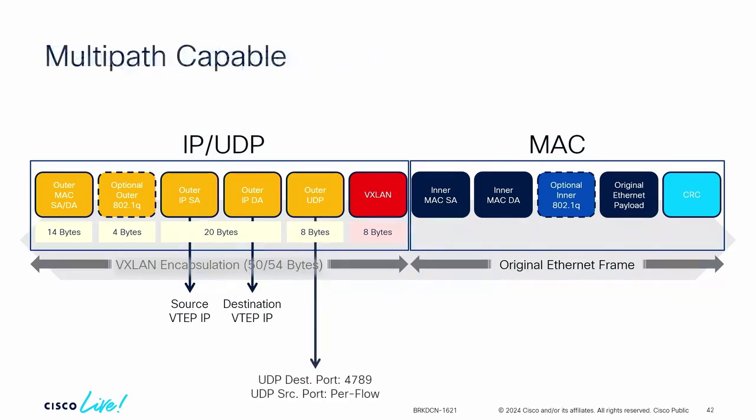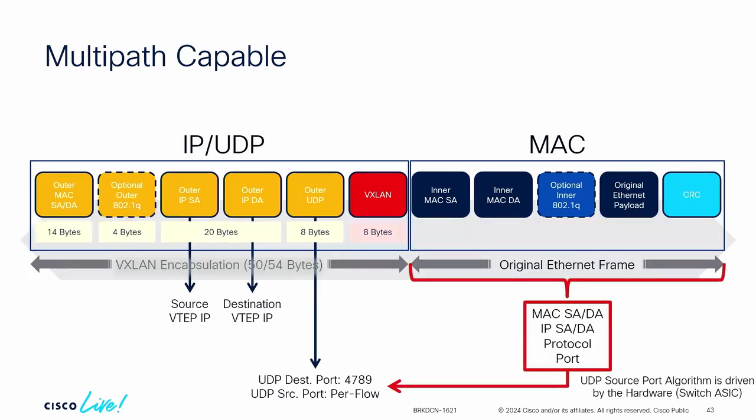And as I mentioned before, that UDP header comes into importance here, because this is something that's different from a GRE overlay technology. GRE didn't have this UDP encapsulation for traffic entropy. So what that does is I take that original Ethernet frame, and I have the ability to use the 5-tuple here to create a hash based on those parameters.